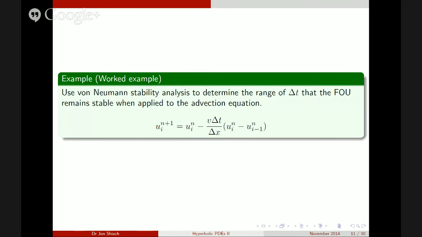That's what you want to calculate. We want to know what's the maximum time step we can use. Delta x is what you choose it to be. It depends on how many nodes you have in your finite difference mesh.